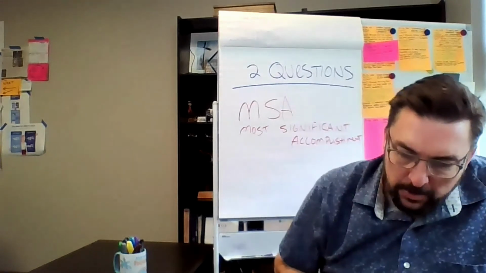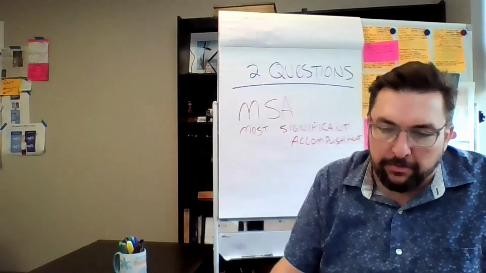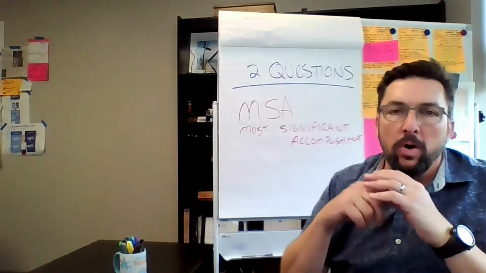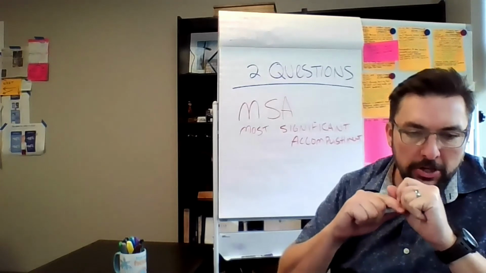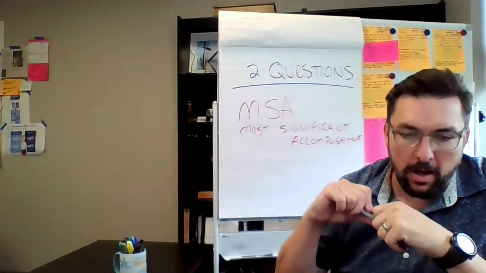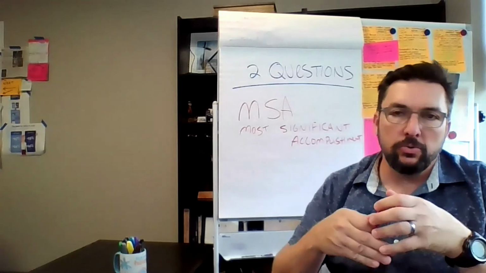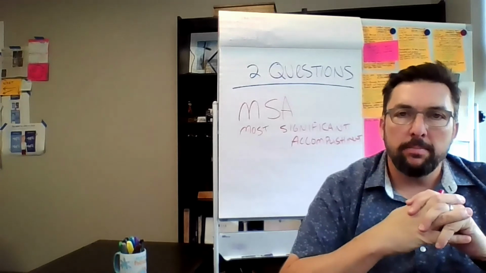Most significant accomplishment. And the question could be worded a lot of different ways. But here would be one way that if you're the employer hiring someone, you could ask this question. You could say it like this: Can you describe your most significant career accomplishment related to, and then something that has to do with the job?